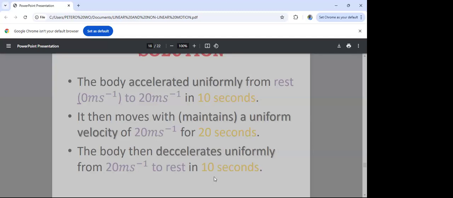So in these remaining few minutes, after you have copied that down, I'm going to put up 2 graphs for you to note down.